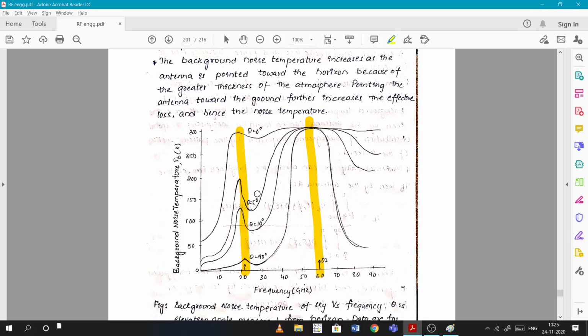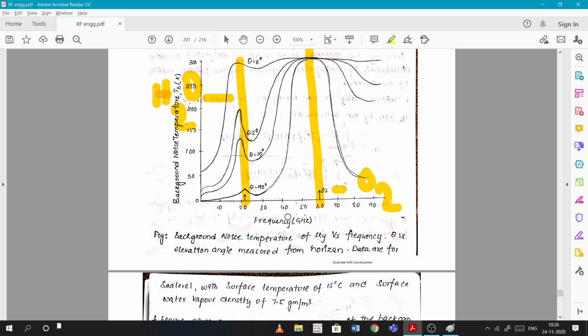One is H2O and the other is O2. Water vapor will be there in the atmosphere. This first peak is because of H2O, and this is because of O2.